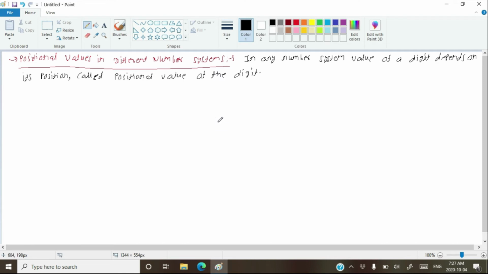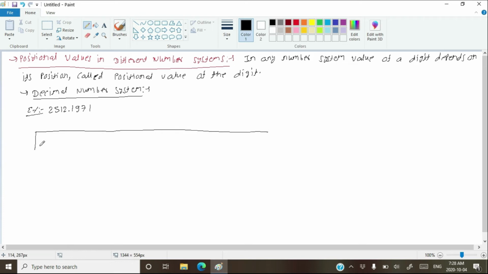So how does it work? Let's start with the decimal number system. Let's take an example in the decimal number system: 2512.1971. Let's find the positional values of each digit. Let me write these numbers in separate boxes.